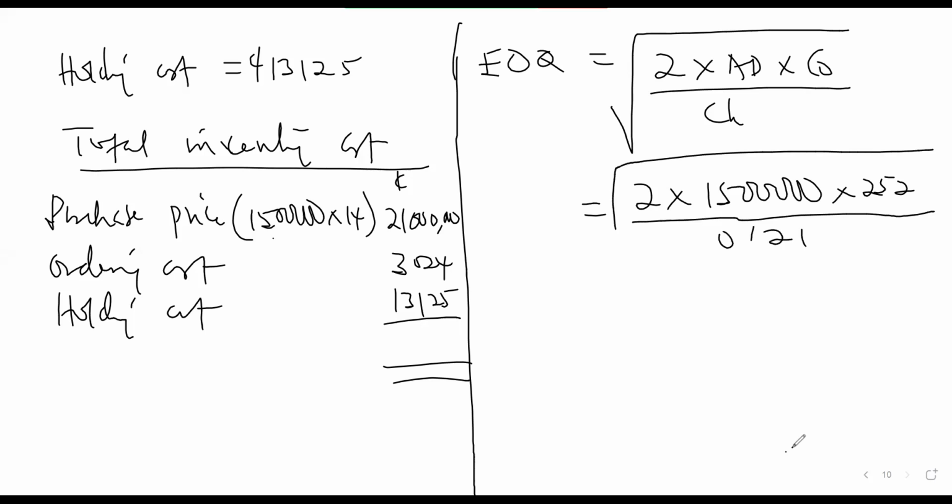Okay, all of this into. So what are you having? If you put it in your bracket in your calculator, what are you having? That's 60,000.